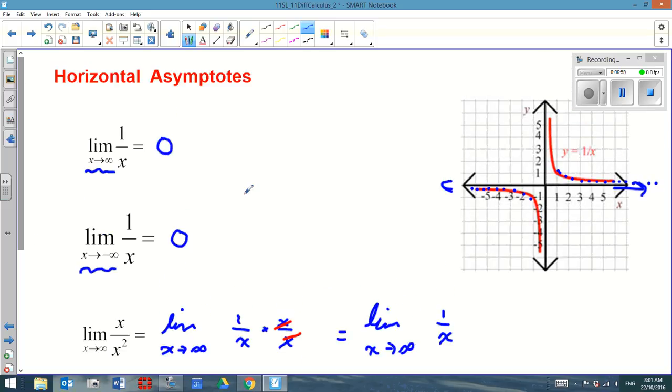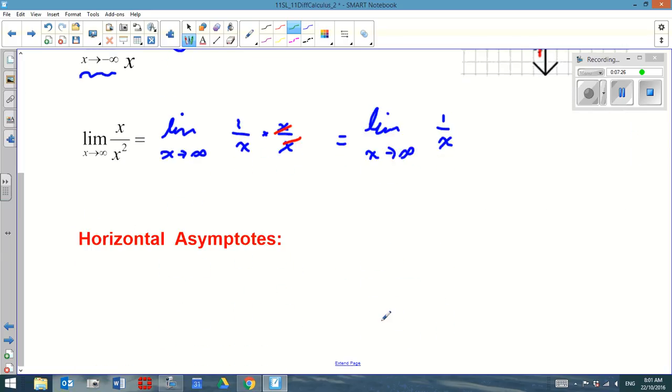So what we've just been discussing is that as you look at your graph toward the right and to the left, so as x goes to positive infinity and as x goes to negative infinity, you actually wind up finding your horizontal asymptote. So by definition, your horizontal asymptote is the limit of your function as your x value approaches negative and positive infinity. So we're just going to write that out together.